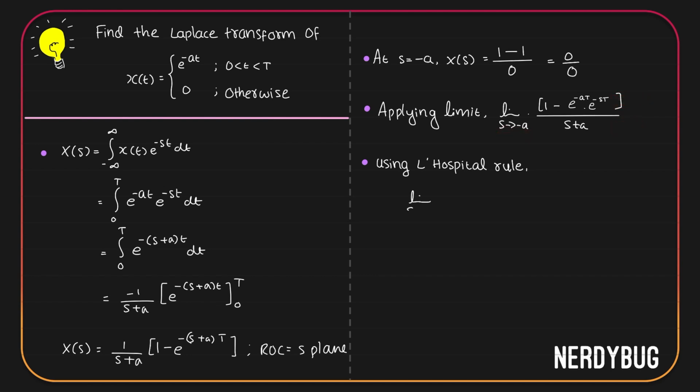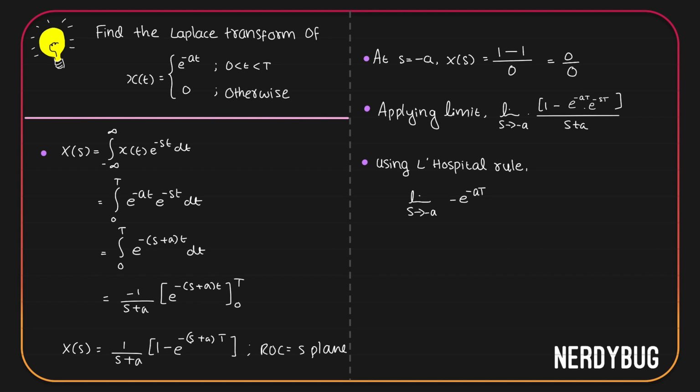So we get the limit as s tends to minus a. Taking the derivative of the numerator, the derivative of 1 is 0, and the derivative of this whole thing is minus e^(-aT), which is a constant because we are taking the derivative with respect to the variable s.